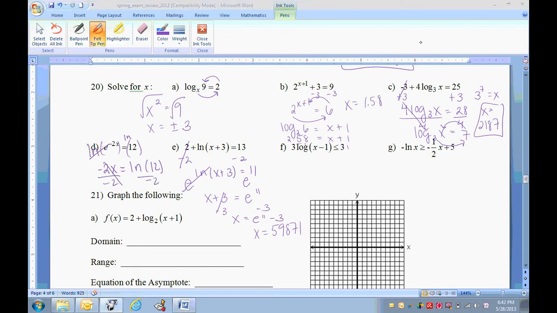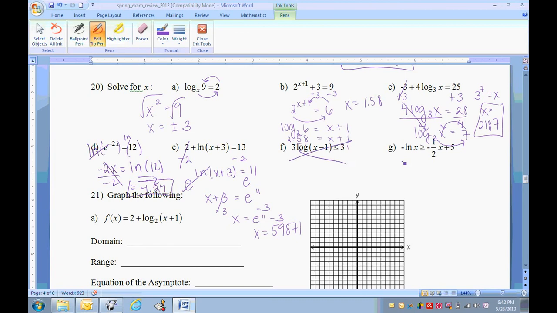And when you type that in your calculator, ln of 12 divided by negative 2 equals negative 1.24. So x equals negative 1.24.